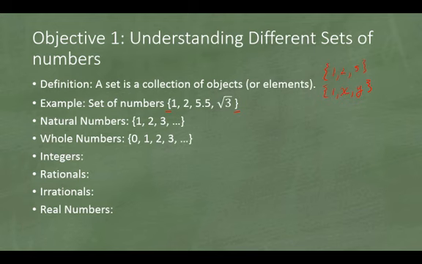Some important sets are the natural numbers, which is just the counting numbers, 1, 2, 3, etc. The whole numbers, which is just the natural numbers with 0 included, 0, 1, 2, 3, etc. The integers, which is just the whole numbers, 0, 1, 2, 3, 4, etc., also with negative integers, -1, -2, etc.